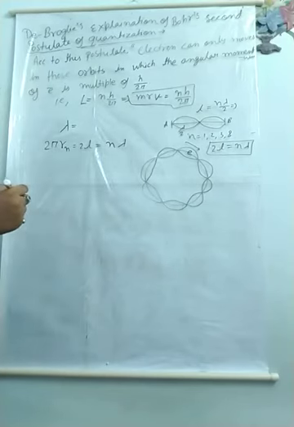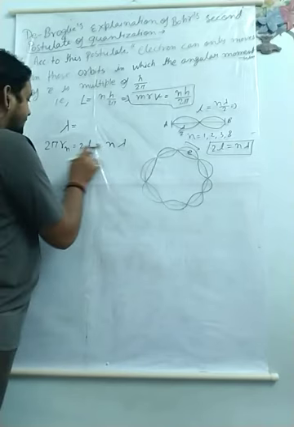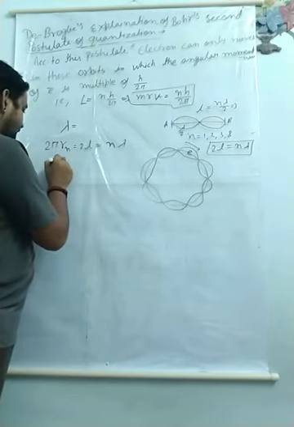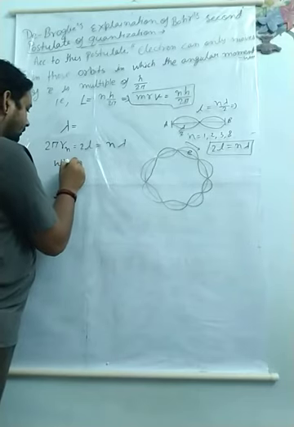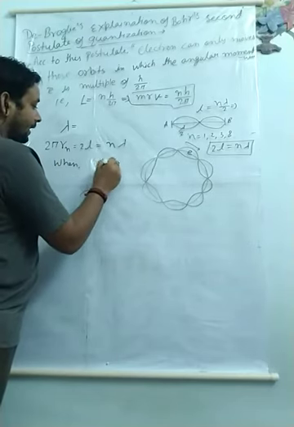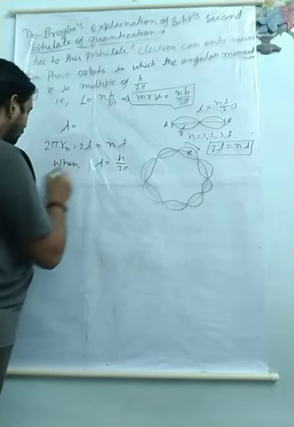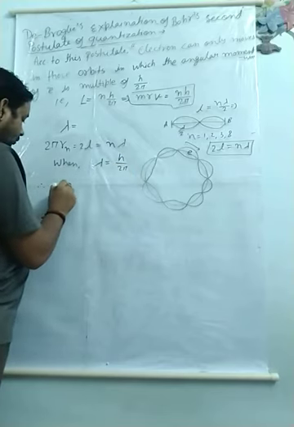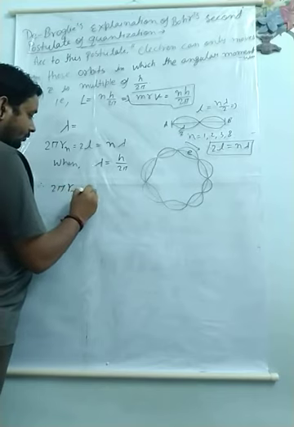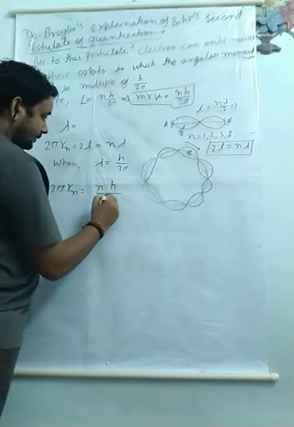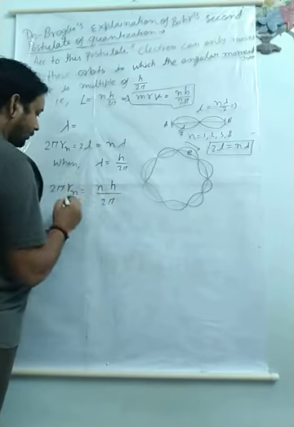De Broglie observed experimentally that this condition is verified only when lambda is equal to h upon mv, that is, 2 pi r is equal to nh upon mv, which gives mvr equal to nh upon 2 pi.